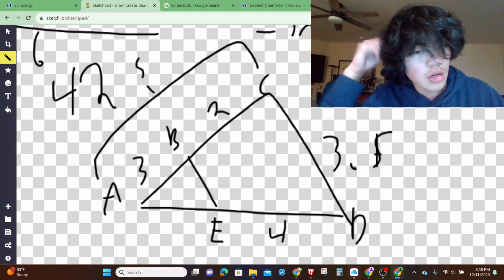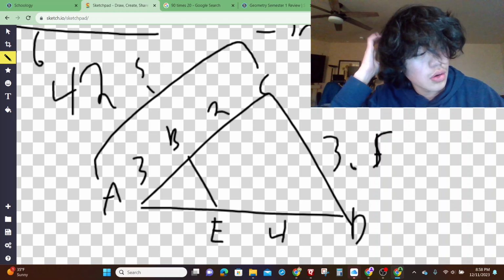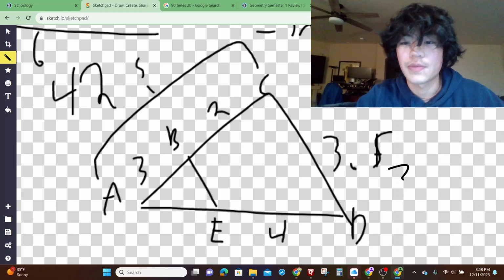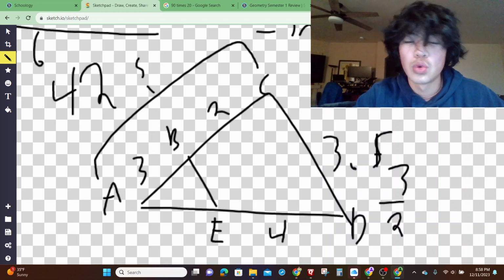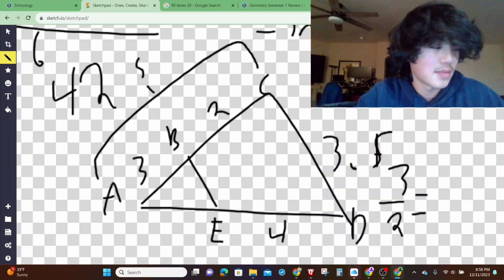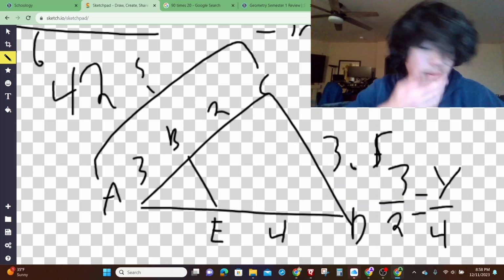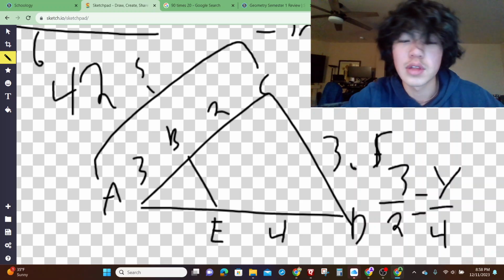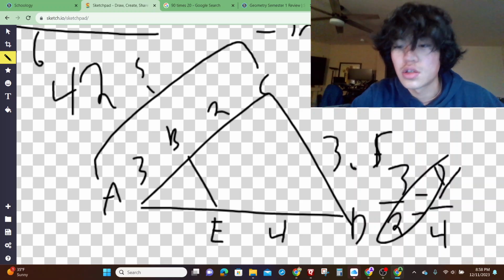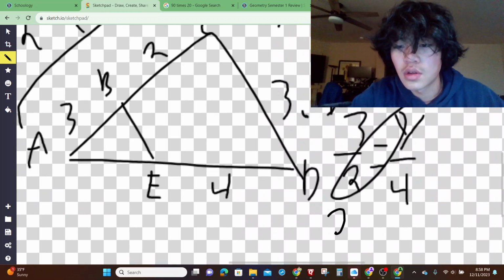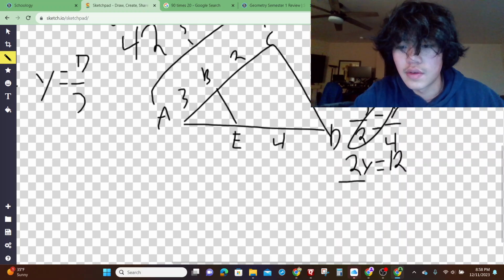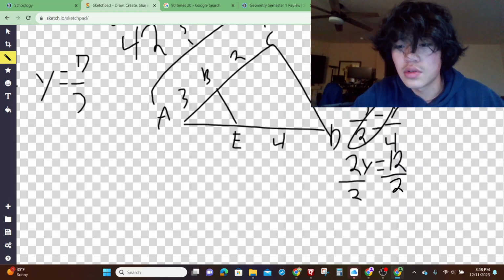Let's find the y value, shall we? What we're gonna do is 3 over 2, then y over 4, because y is a missing value, and we're putting it over 4 like we did over there. So 2y equals 12. Divide by 2.